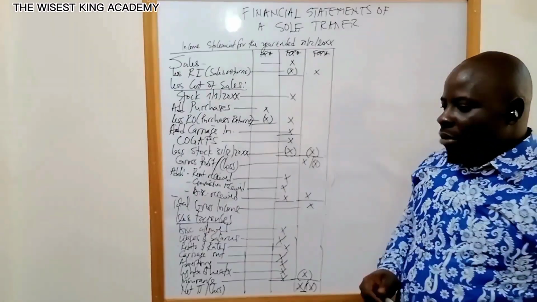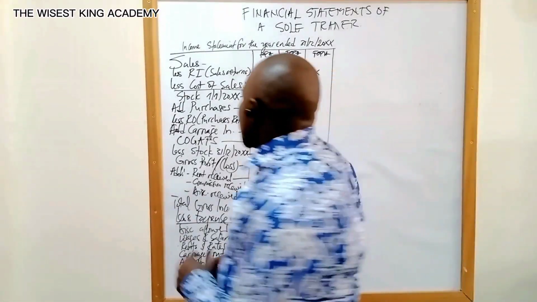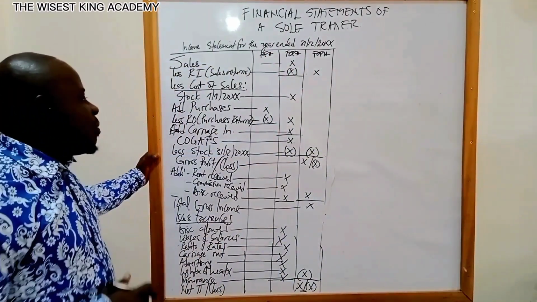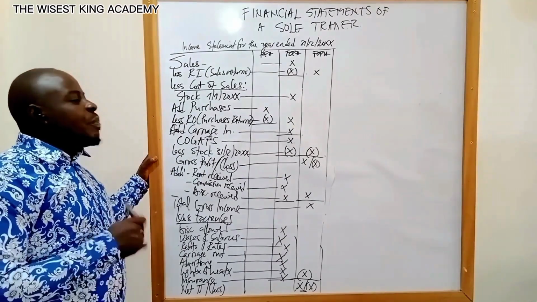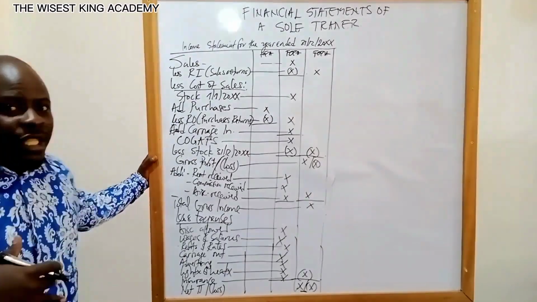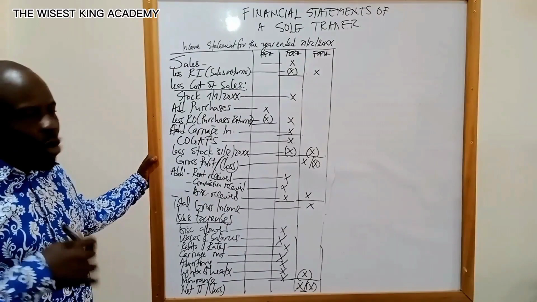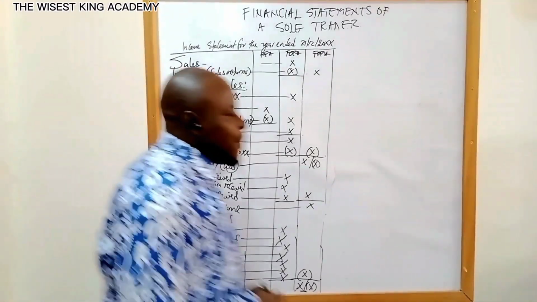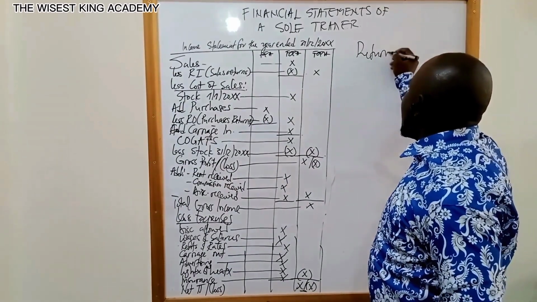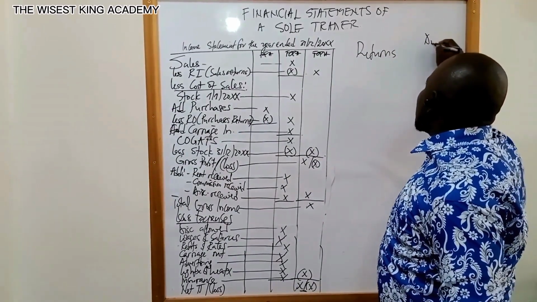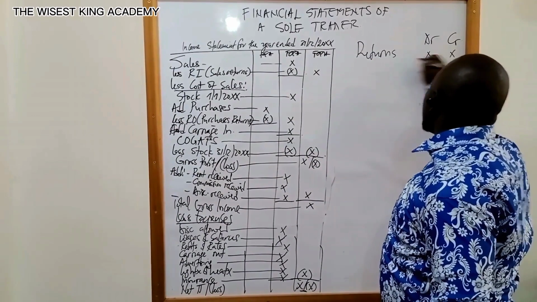Now, I'm going to give you a few tips. The income statement and the statement of financial position are prepared from the trial balance. So when you pick up the trial balance, there are things you should see, and when you see them, you should know what they mean. For example, you might see returns on the debit and on the credit.